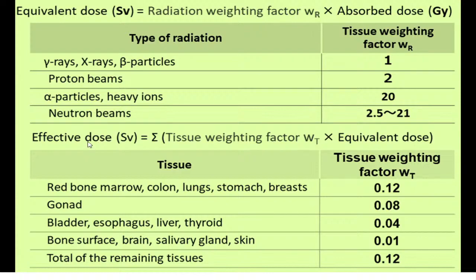Effective dose is the sum of tissue weighting factor times equivalent dose. And by that means this effective dose is obtained, and the conclusion about the effect on the human body is made.